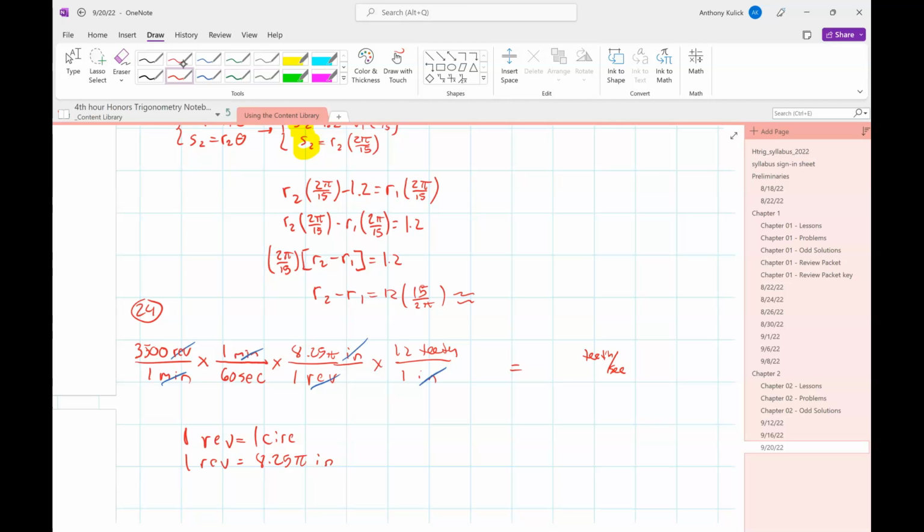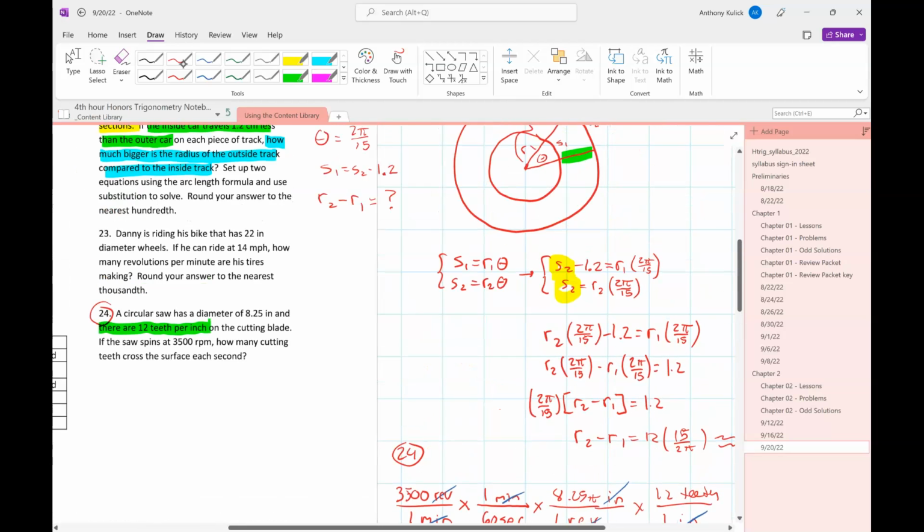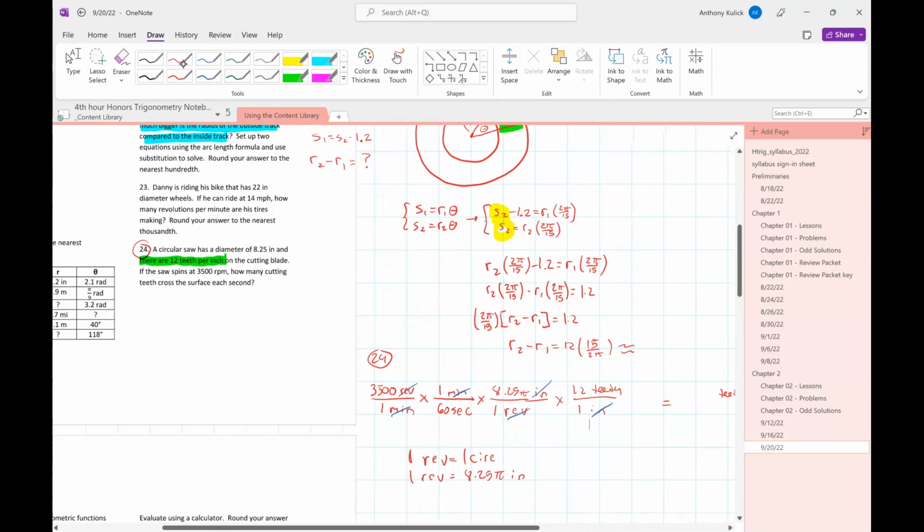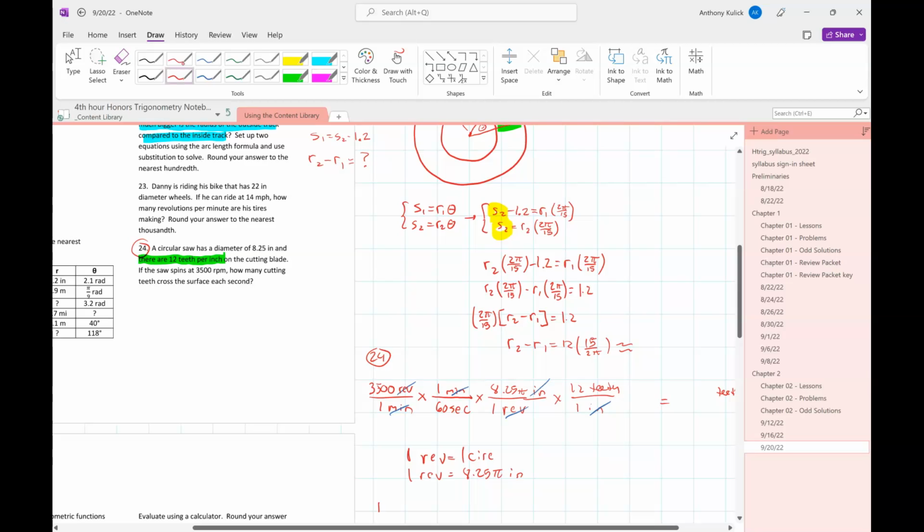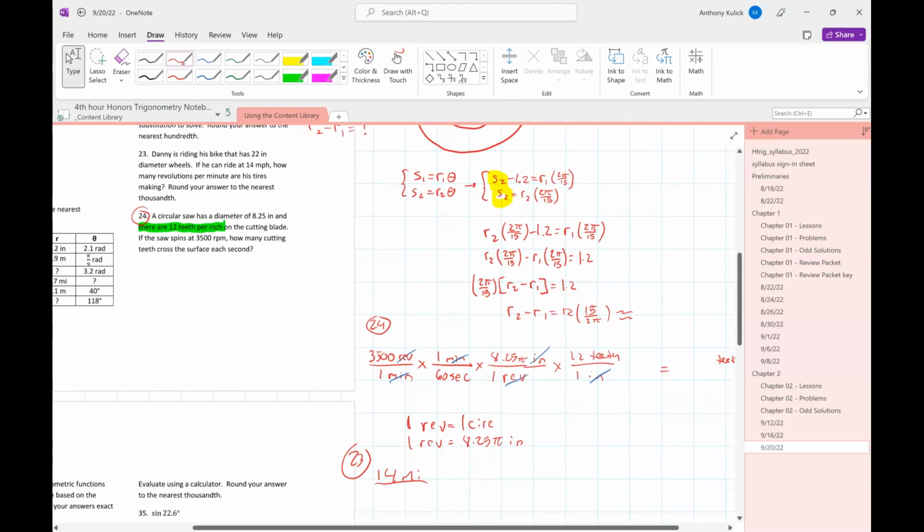Sophia. 23? I mean, it's like the same problem, isn't it? Okay, so you have 14 miles per hour. And you got to convert that down into revolutions per minute. Well, I'll start by converting hours into minutes.